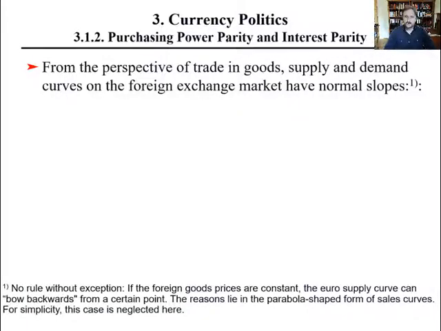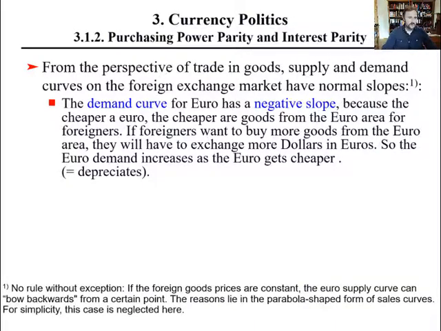Let's finally transfer our results about the impact of goods prices on the exchange rate onto a diagram of the foreign exchange market. From the perspective of trade in goods, supply and demand curves on the foreign exchange markets should have the normal slopes.